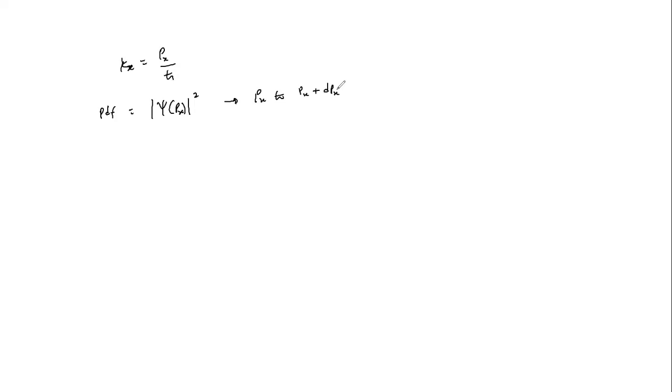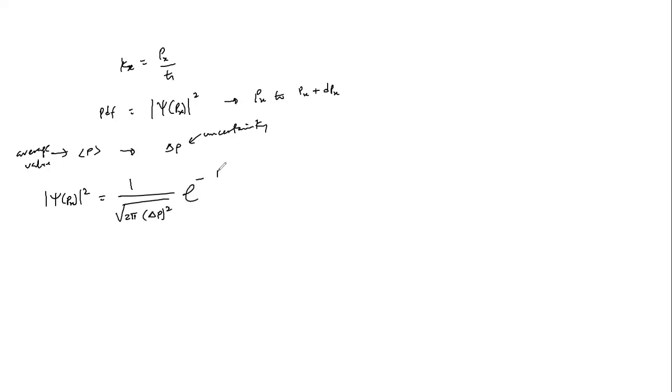Now, if the normalized probability distribution function in momentum space is a Gaussian function with an average value, the expectation value, and then the uncertainty, then the probability distribution function is the same as the Gaussian, 1 over the square root of 2 pi times the uncertainty, e to the power of minus p x minus the expectation value squared over 2 times the uncertainty squared.